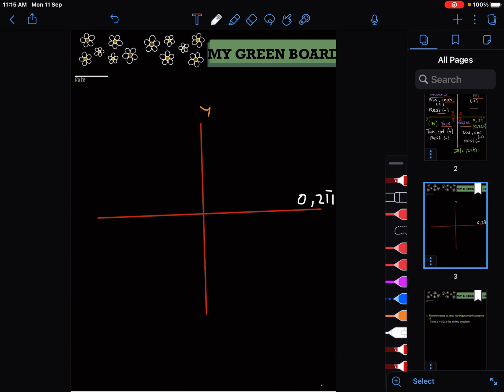From 0 to 90 degree, this will be your pi by 2. I'm just putting this 90 degree in terms of radians, pi by 2. Now when it goes like this, it's positive.